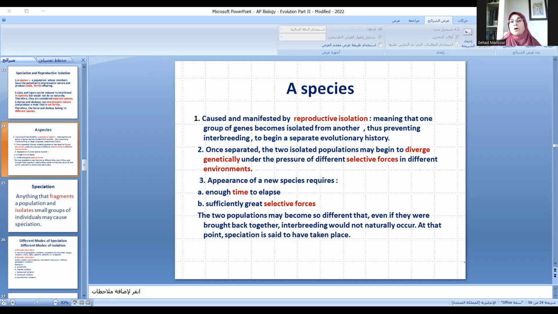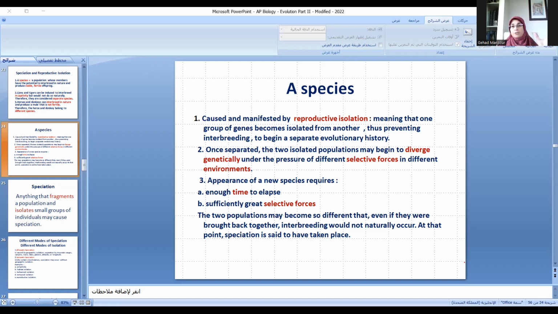And now we're going to talk about the patterns of evolution, the different shapes of evolution. So we have divergent evolution, and we have just talked about divergent evolution. When we have an initial population, notice that we haven't yet mentioned the word species.